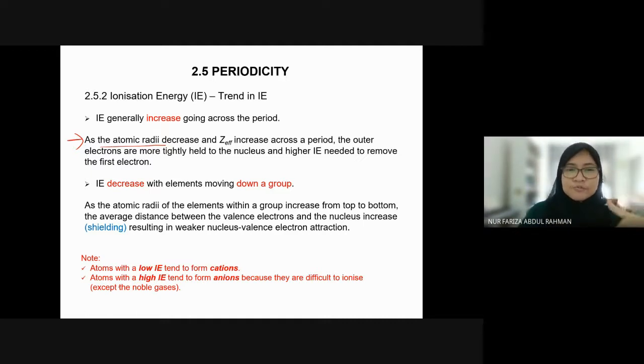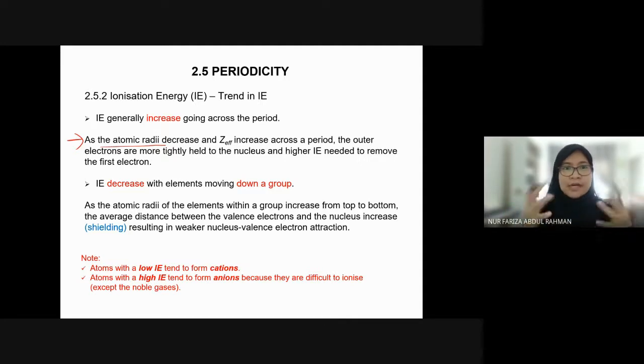Down the group, same way. Down the group, the number of n increases. When the number of n increases, the shielding effect increases. Right? When the shielding effect increases, the attraction becomes weaker. When it becomes weaker, how about the size?